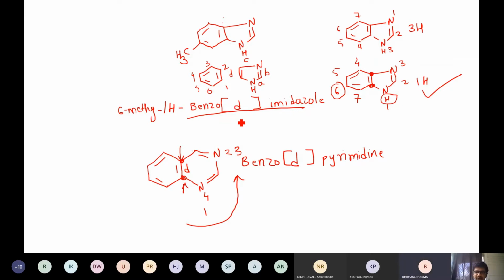Yes, sir. Okay, let's look at one last example and then we can move to heterocycle plus heterocycle. Now it is a tricyclic ring, okay? That's why I have chosen this example specifically. It is a tricyclic ring. So I hope someone can tell me the name of this tricyclic ring. Common name.